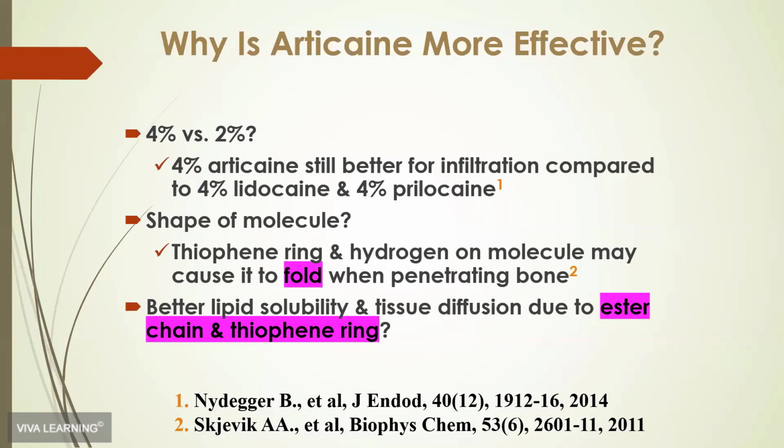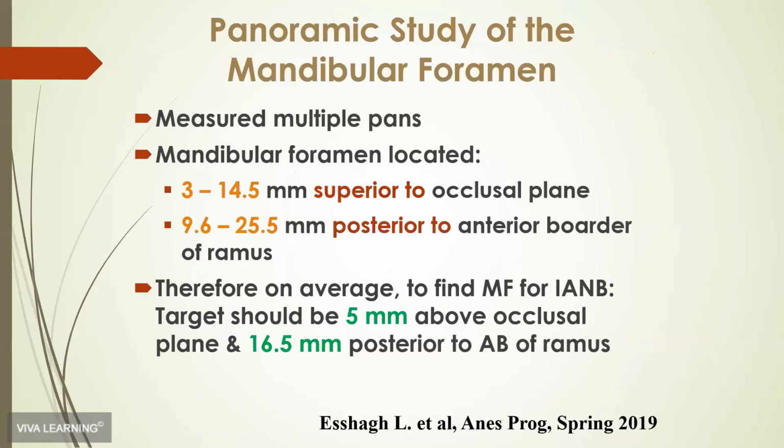And from a lipid solubility perspective, it has an extra ester chain and a thiophene ring, which makes the molecule more lipid soluble. Nerves are covered by fat. So if something is more lipid soluble, it's going to get in there more effectively. So these are the reasons why we think articaine is a better local anesthetic.